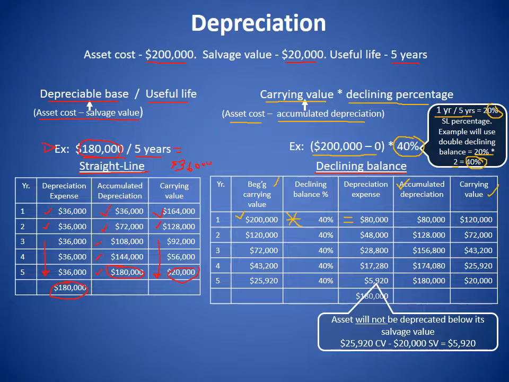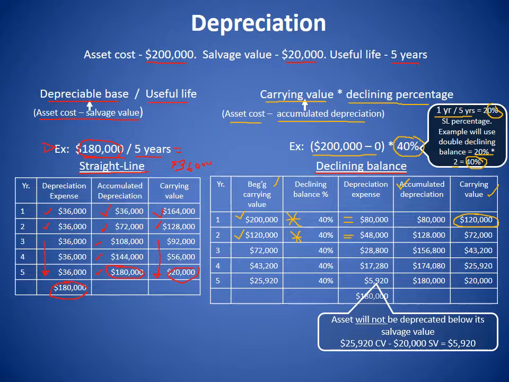We now have a beginning carrying value of $120,000, and that came from our carrying value from the previous year. We multiply that beginning carrying value again times 40%, and that's going to equal the depreciation expense in year 2 of $48,000.